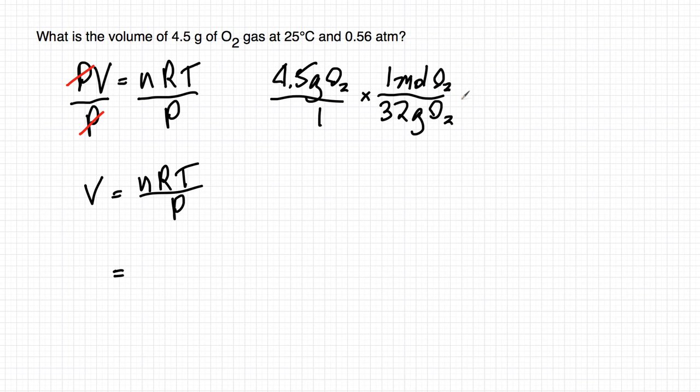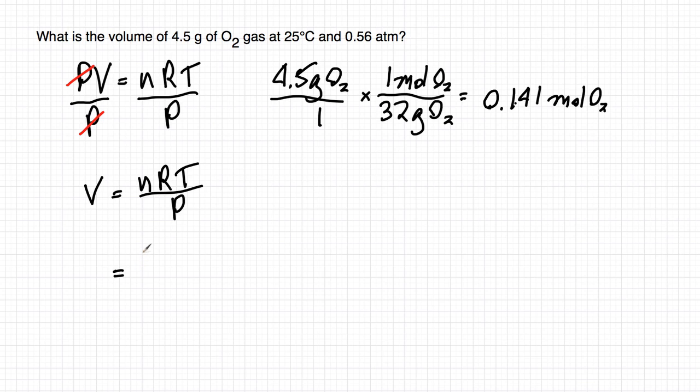And 32, again, that is the molar mass of oxygen, each of the oxygens being 16 grams. And my calculator tells me that I have a total of 0.141, and that's moles of O2.